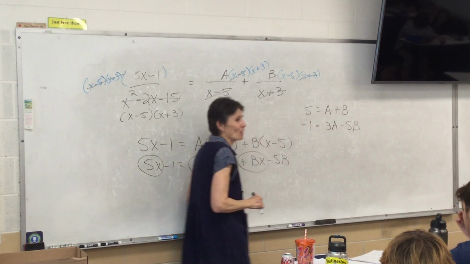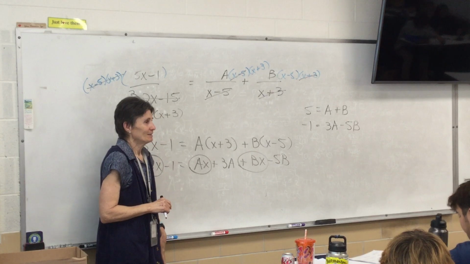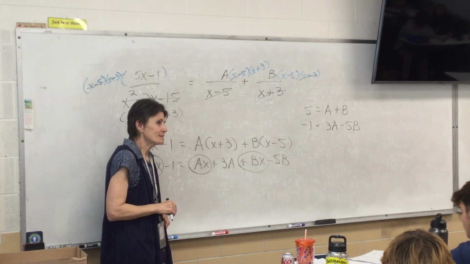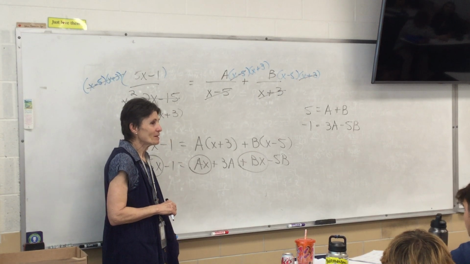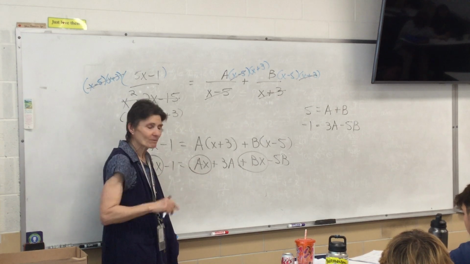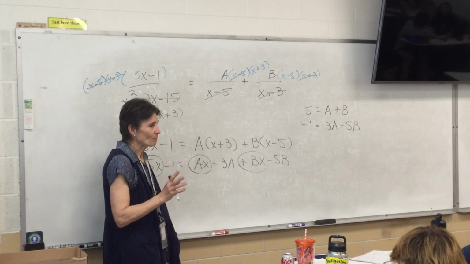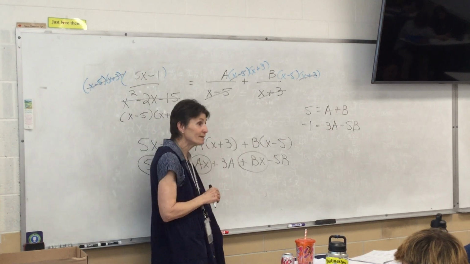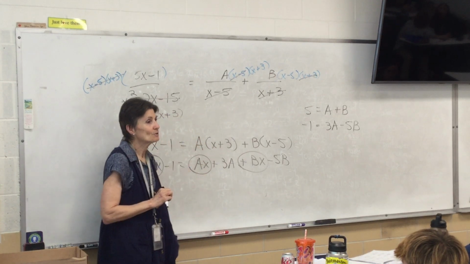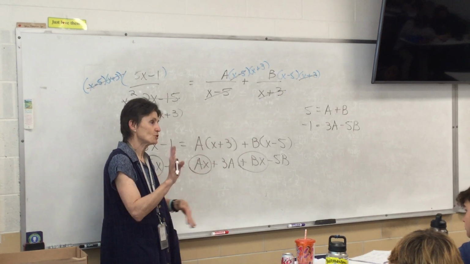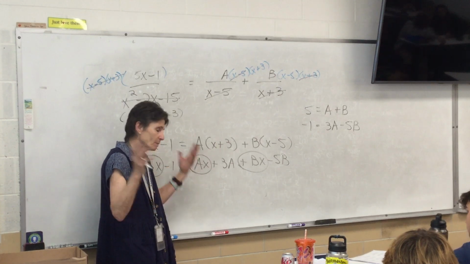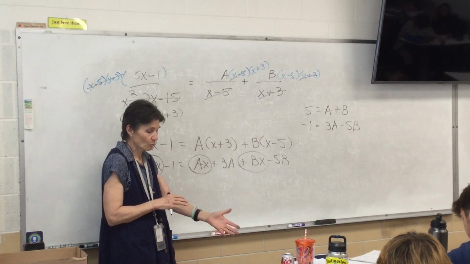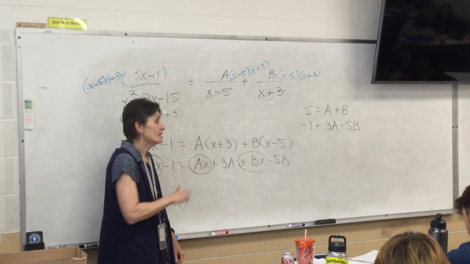Do you see why partial fractions are in this chapter? What do we got? A system of equations. Solve it however you want. I wouldn't mess around with my calculator, although you could. This is a 2 by 2, so you can use substitution, elimination. If you want to put it in your calculator, you can. There's no rule. Just do it. So let's go ahead.